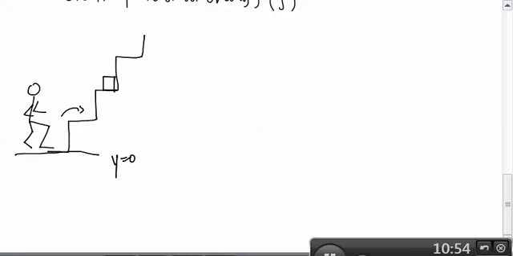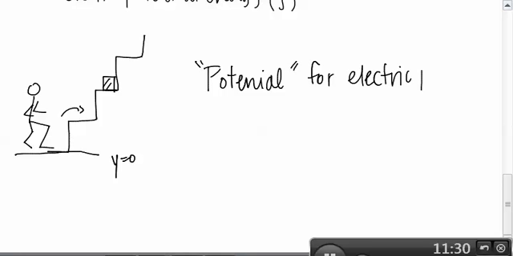If this is just an empty space, could you go stand on that stair? If you did, would you have potential energy? Yeah. But you're not standing on the stair right now. But there is this potential for potential energy, where potential means like the possibility, like it could happen. So we can have potential for electric potential energy.